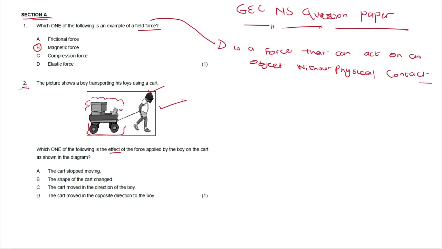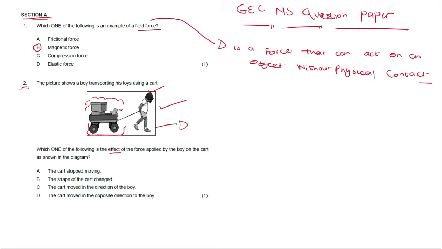The first possible answer says the cart stopped moving, but we can see that the boy is moving forward, and if the boy is moving forward, the cart will be following the boy. Option B says the shape of the cart changed, but when it moves its shape doesn't change.